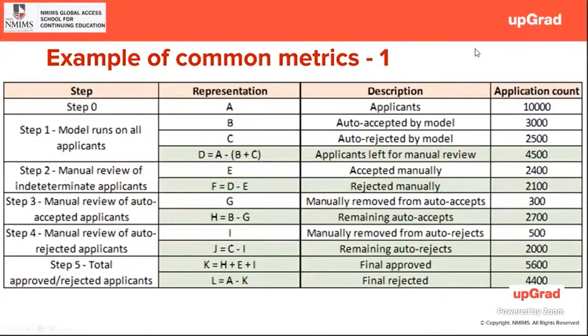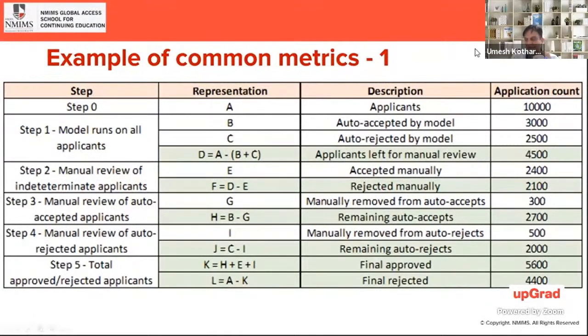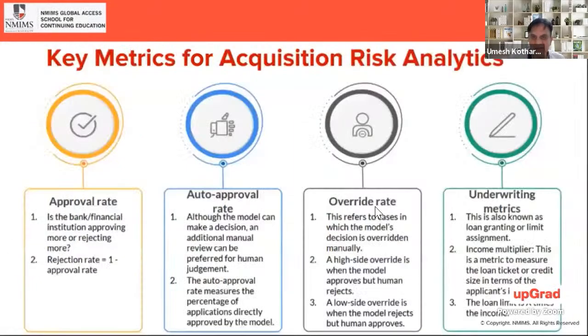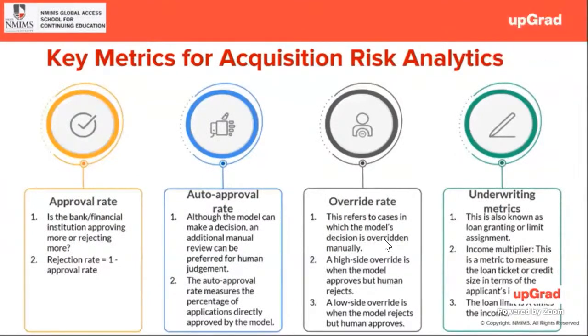Sir, high side, room 1. High side override, sir, model accepted is 3,000 and human rejected is 2,100. And what is the high side rate, please? High side is 3,000, sir. No, the rate. What the model approves, but humans reject. Yes.